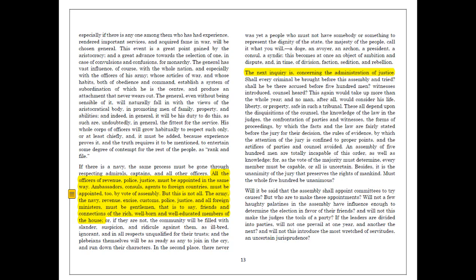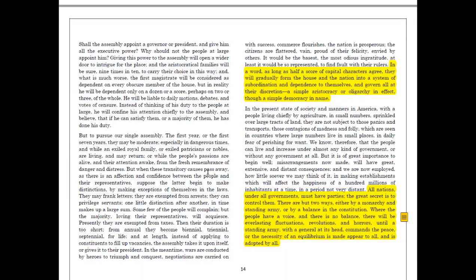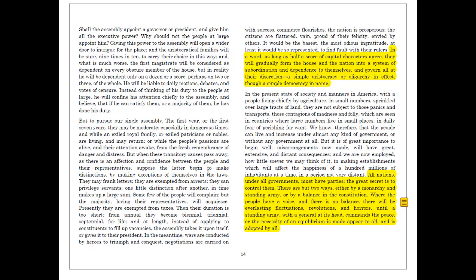All of this cataclysm would result if we were to have a single unicameral legislature at the national level invested with sovereign powers, that is doing all these things: navy, revenue, excise, customs, police, justice, foreign ministers, etc. Culminating in this final summation of the ruin to follow on the right-hand column of 14.